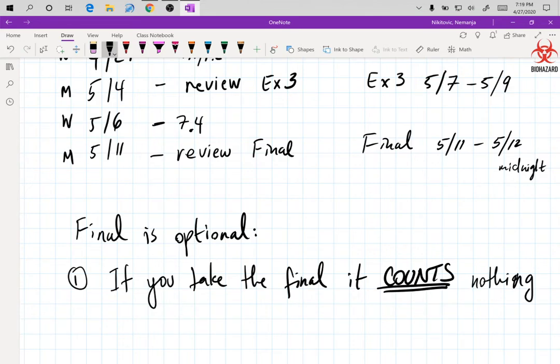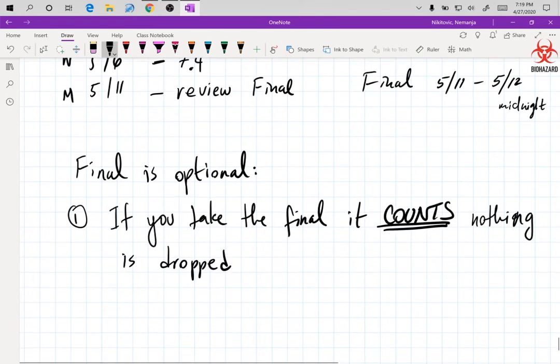Nothing is dropped. So if you take the final, you will have your exam 1 plus exam 2 plus exam 3 plus the final.